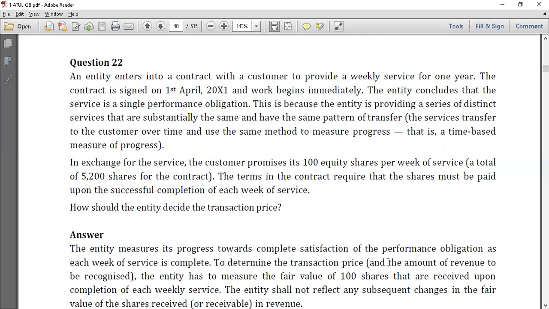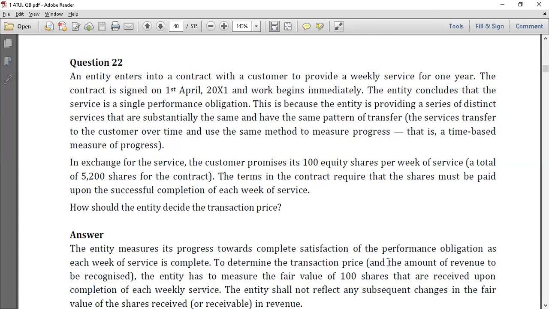That is, he's not paying cash, but he is giving equity shares for every week of service. 100 equity shares into, generally we have 52 weeks in a year, so 100 equity shares into 52 weeks, 5,200 shares for the contract. Here the terms in the contract require that the shares must be paid upon the successful completion of each week of service.